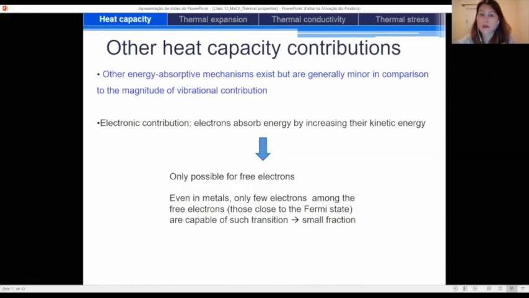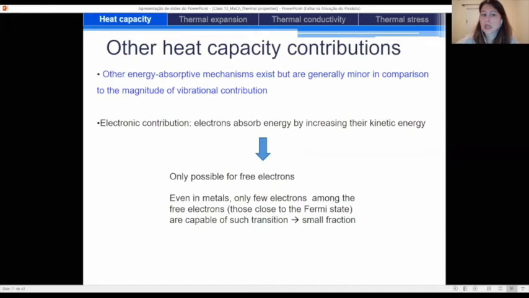Other heat capacity contributions exist, but they contribute to the increase of temperature in a material to a lower extent compared to the vibrational contribution. So we are going to explain it very quickly.